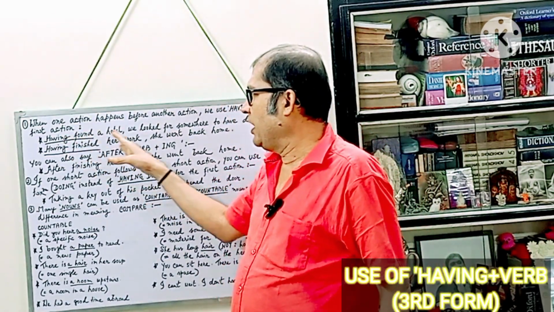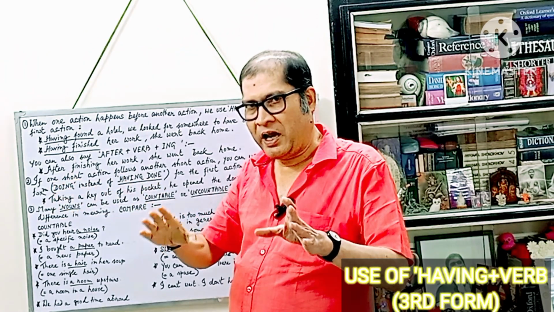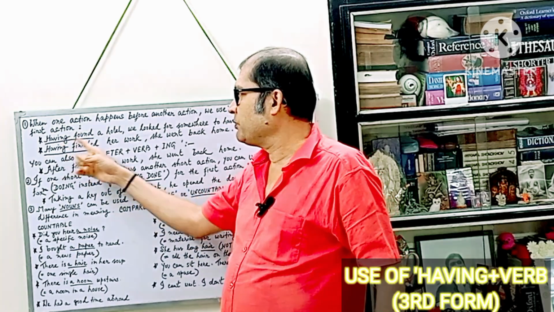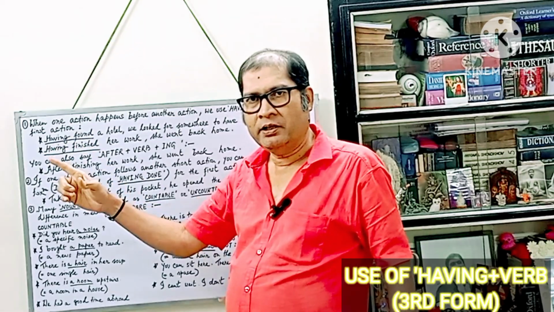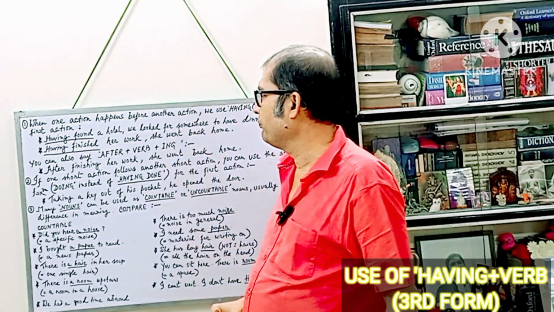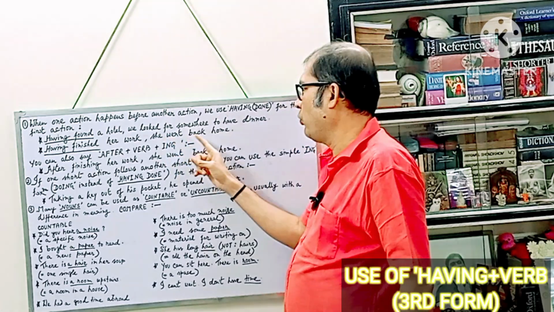So, whenever you are talking about two actions, one action having taken place first, try to use this particular phrase, having plus the third form of the verb concerned. Next one, having finished her work, she went back home.